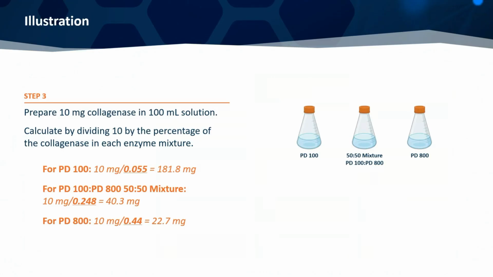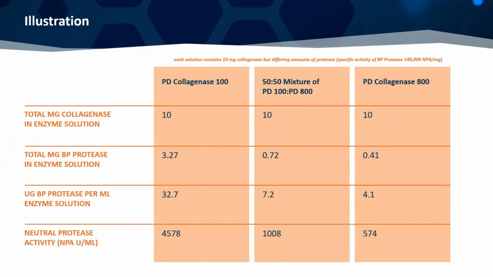If you make these solutions up, again, this illustration of a 10 milligram collagenase 100 ml solution, you're going to find that you can make a fixed amount of collagenase, as shown on the top here, 10 milligrams, but you're going to have variable protease activity.